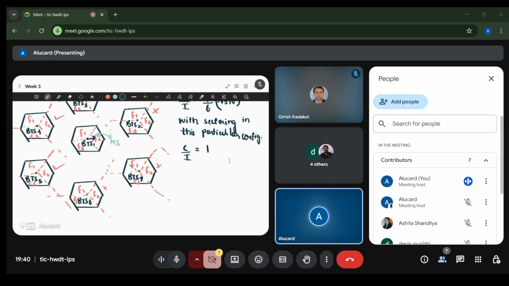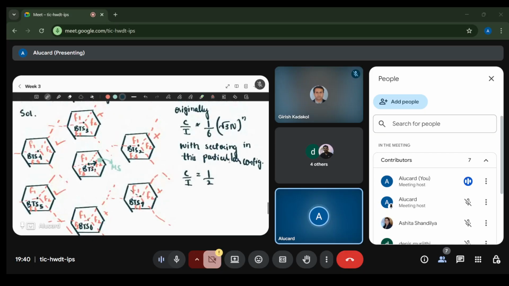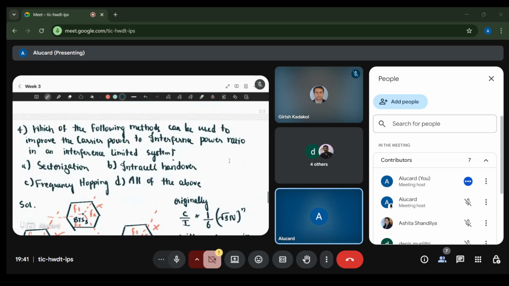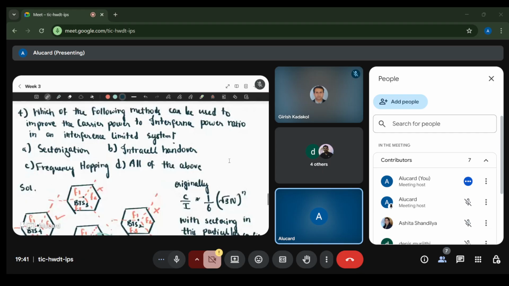There are only two interferers, so half. So it's only half of root 3n to the power n, which is three times your original CIR. Okay, so that is about sectorization.